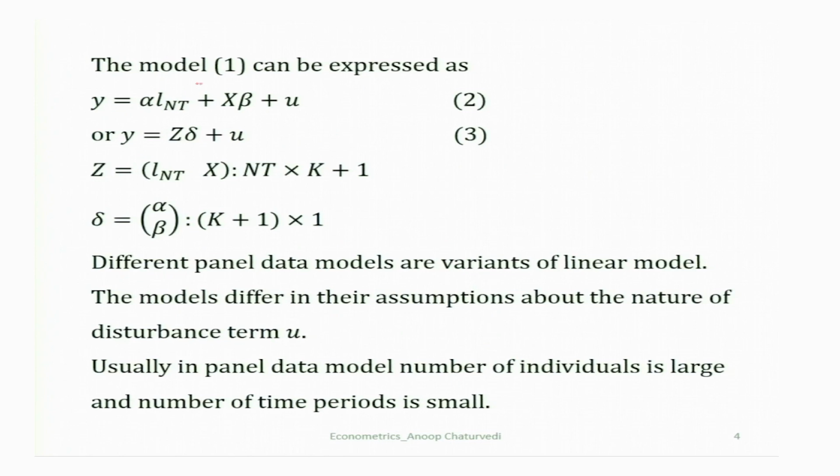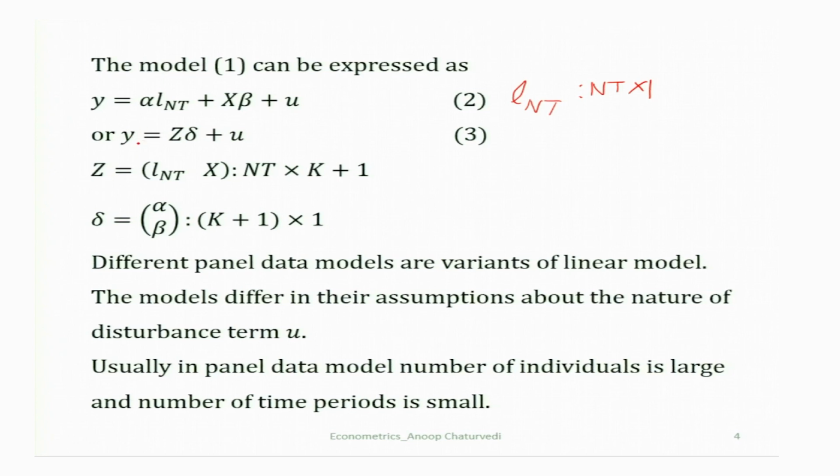Then using these matrix notations, again we can express model 1 in the form y equal to alpha l_nT plus X beta plus u. Here l_nT is again a vector with all elements equal to 1, but its order is nT cross 1.